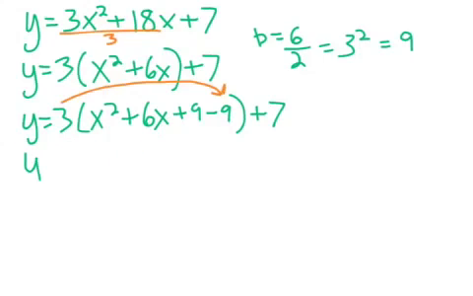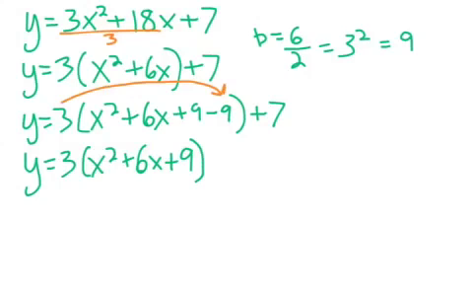I say y equals 3 times x squared plus 6x plus 9. Now this is my entire trinomial, all 3 terms, so I'm going to close the parentheses. And this negative 9 gets moved out, but like we said, it has to be multiplied by 3. So 3 times negative 9 is negative 27, and then I bring down the plus 7.